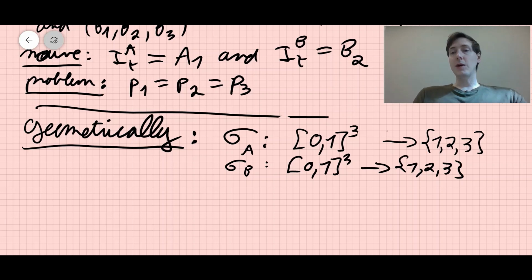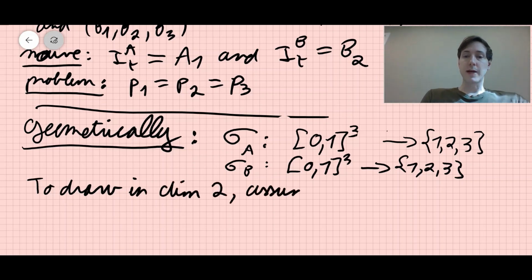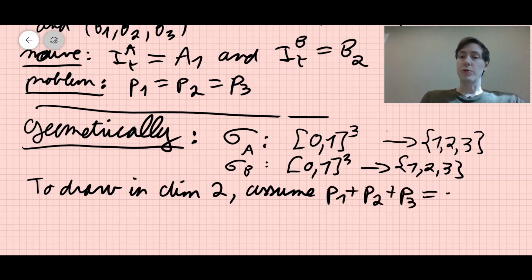Because it's annoying to draw in dimension 3, I'm going to make a further assumption to draw in dimension 2. Let's assume that P1 plus P2 plus P3 is equal to 1.